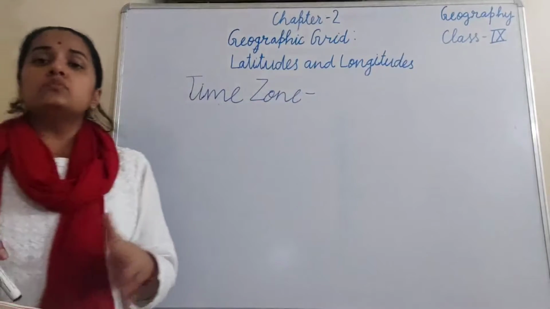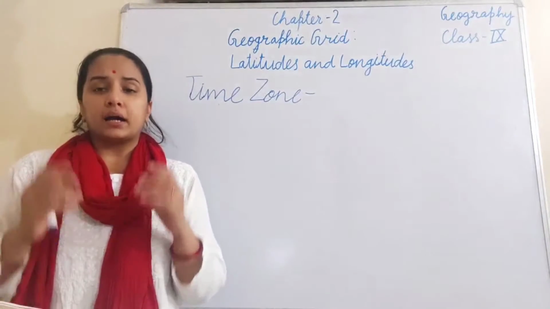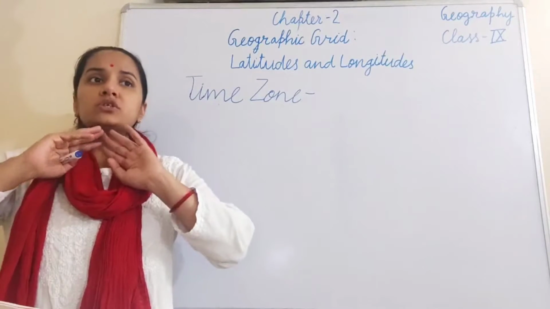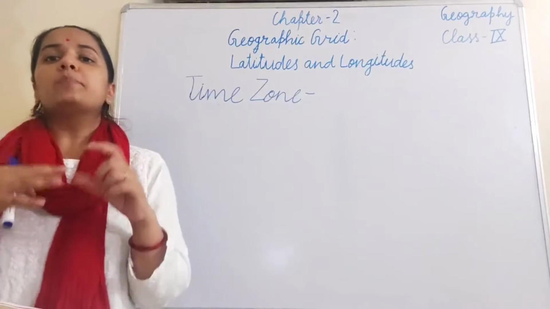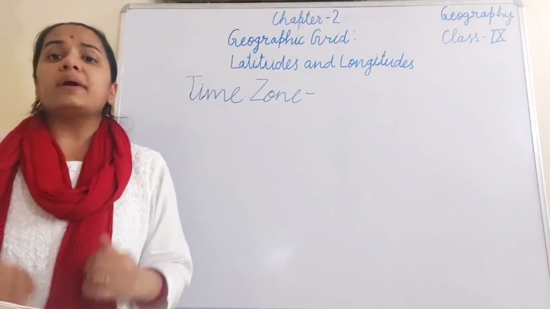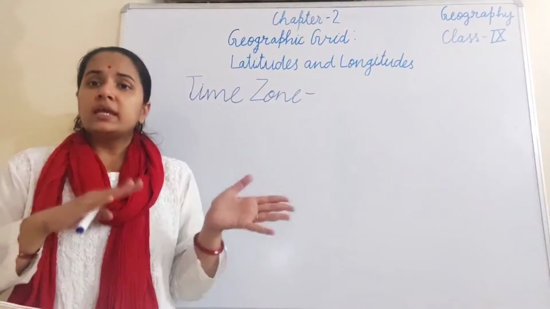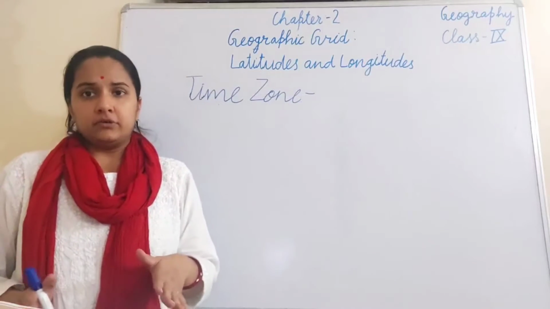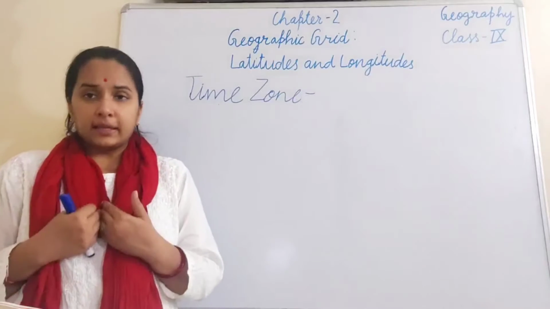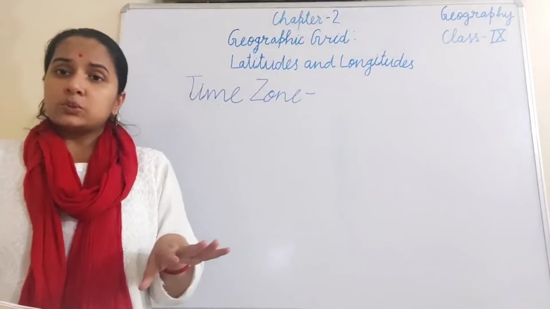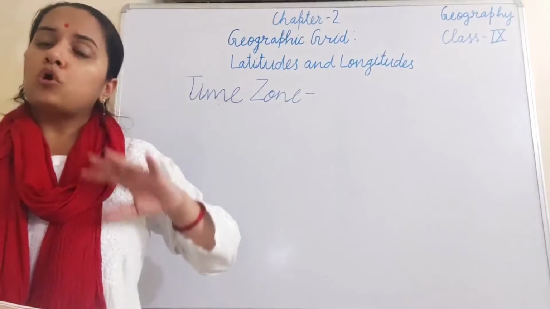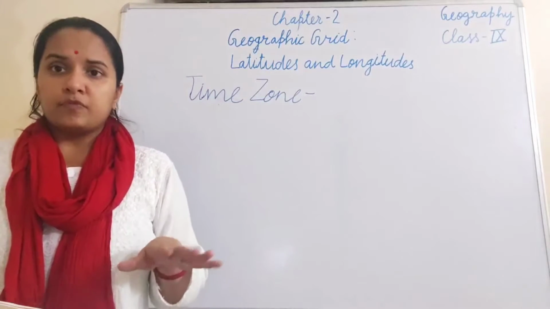The time zones followed by a country also depend on the east and west extent of that country. For example, in our country, India, we follow only one time zone. That's why the time all over India is the same.